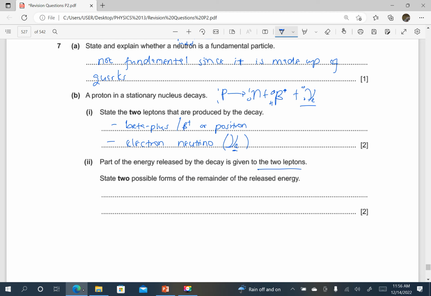So we can say kinetic energy of the nucleus. It can also take form of gamma radiation. Energy mostly takes form of kinetic energy of the products or the recoil of the parent nucleus or gamma radiation.